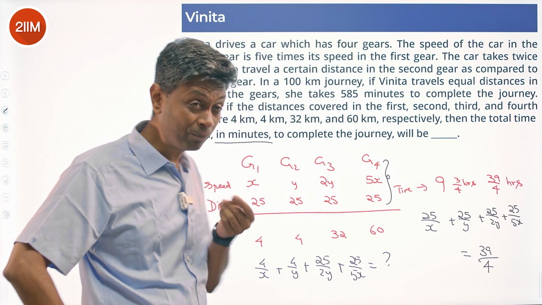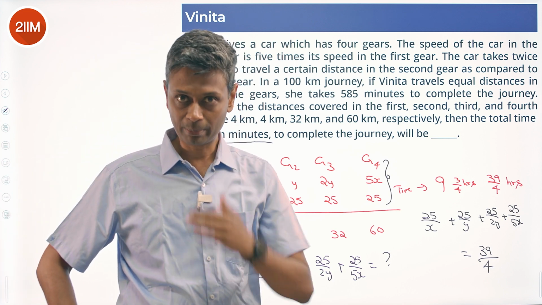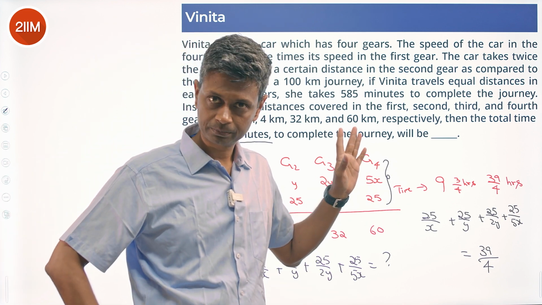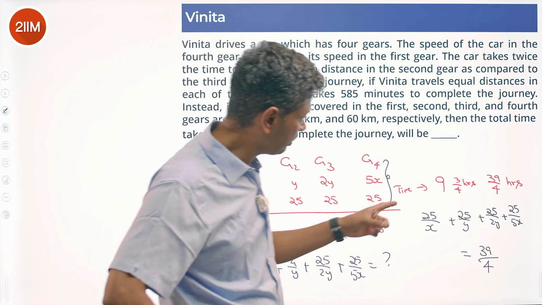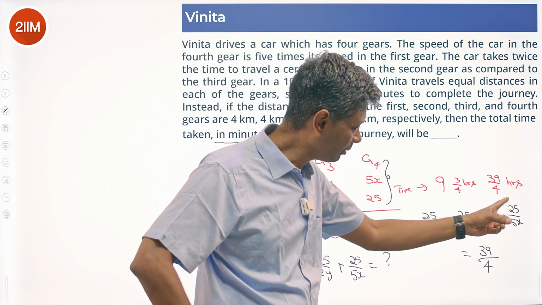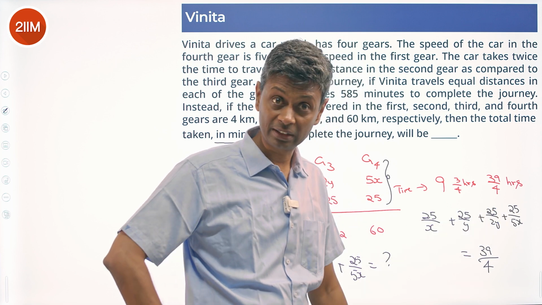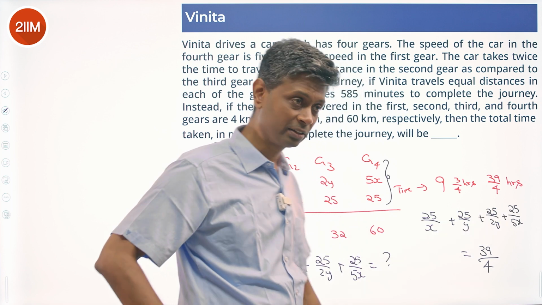So there should be something in the equation that gives it away. We have to back ourselves and say, let me find this one. 25 by x plus 25 by 5x: 25 by 5x is 5 by x, so this is 30 by x.